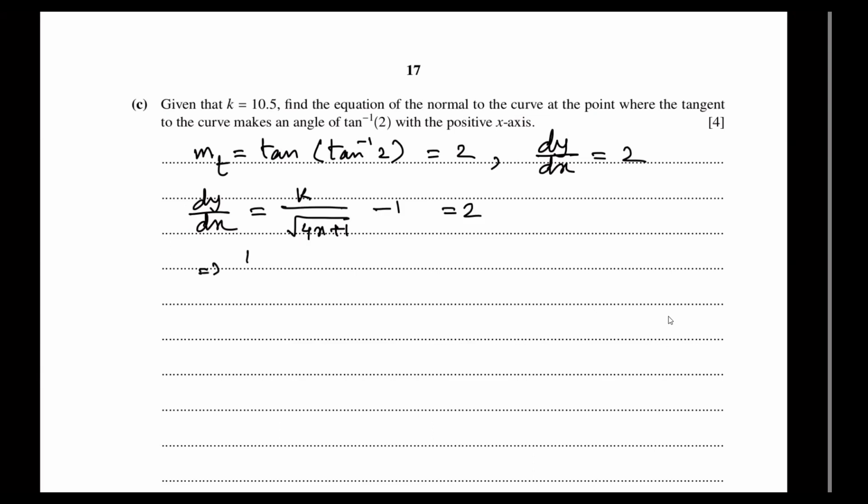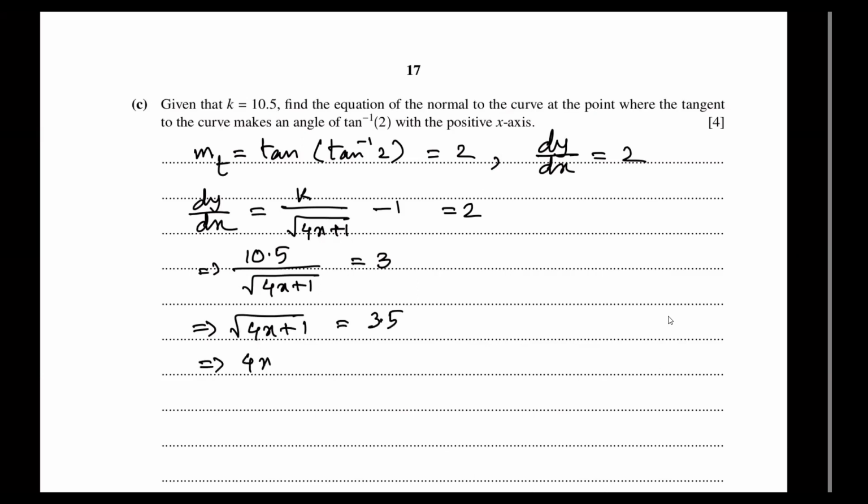So with k equal to 10.5, 2k over the root of 4x plus 1 equals 3. So the square root of 4x plus 1 is 10.5 divided by 3, that's 3.5.